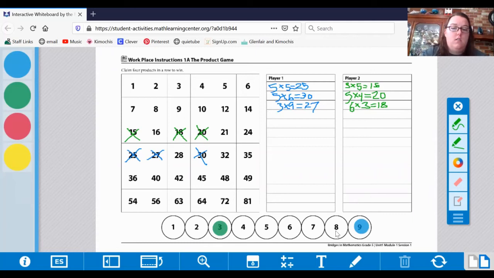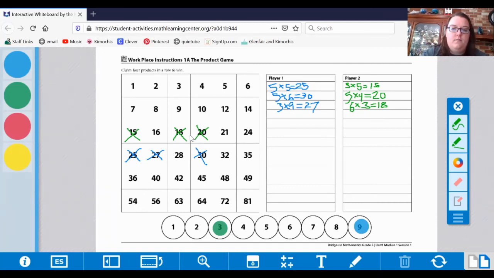Let's see. 9 times 4 is 36. 9 times 5 is 45. That's not helpful. 9 times 6 is 54. Still, I mean, it's a little bit helpful because it lands here. At least I could go diagonal.